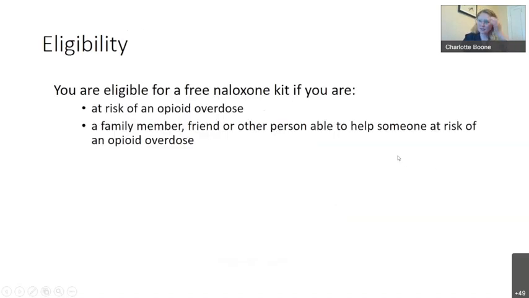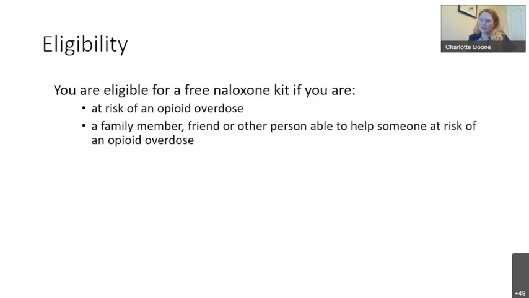So who's eligible to get one of these free naloxone kits? So this is the wording used in the Ontario scheduling. You're eligible if you're at risk of an opioid overdose. So this is anyone who's using an opioid that's prescribed to them, anyone using an unregulated opioid, or anyone really using any other unregulated substances, because as we've seen with the contamination, those might also contain opioids.